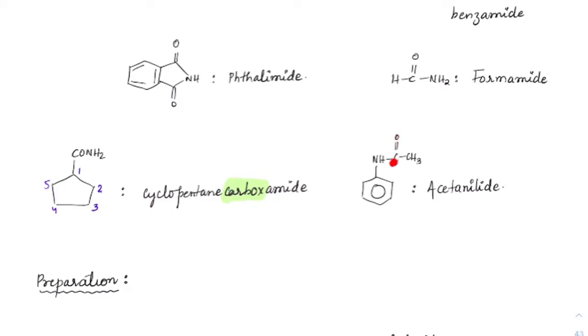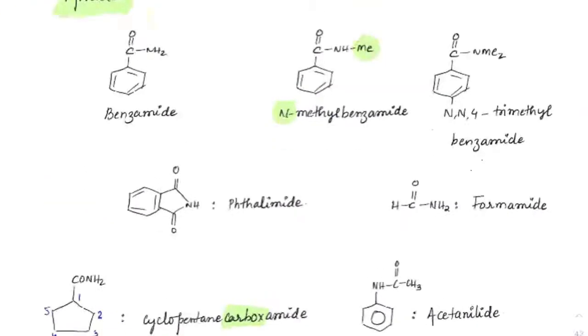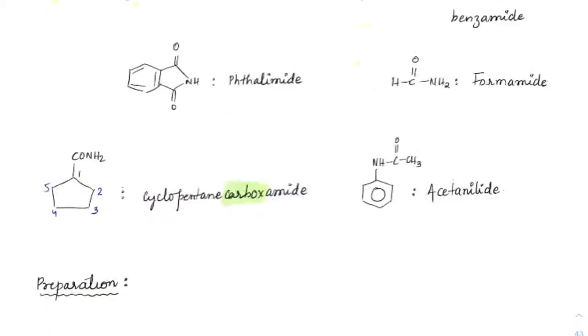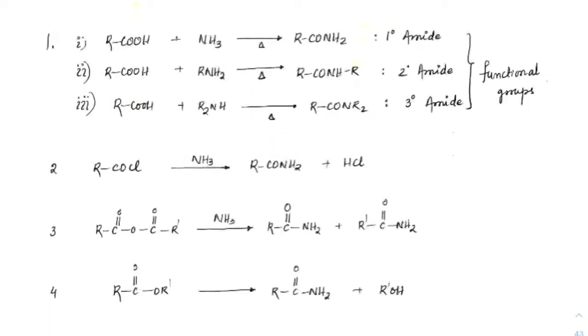The common name for the one where you have an acetyl group added to an aniline, an acetyl combined with aniline, is acetanilide. So these are a few names useful during problem solving. So get to know these. You can write the notes at the end. I'm just going through all the concepts first, and then we can come back.